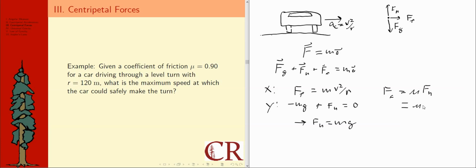I could substitute in mu times mg, coefficient of friction times weight, as that force of friction, and then substitute that into the original x component formula. So in other words, mu mg is equal to mv squared over r.